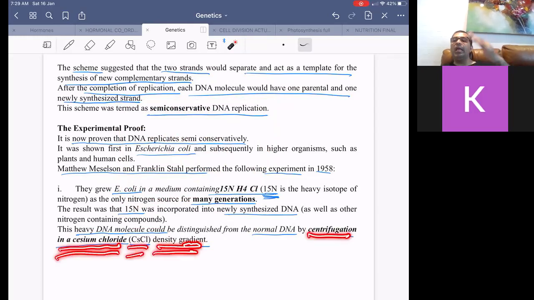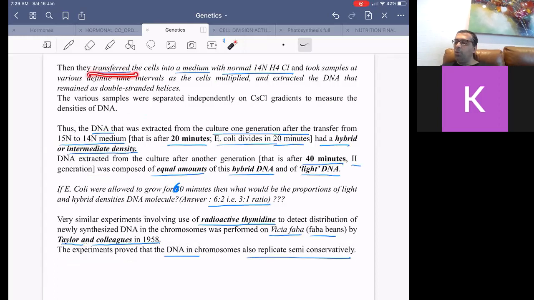Now they transferred the cells into a medium with normal N14H4Cl. N14 was mixed with N15 bacteria.